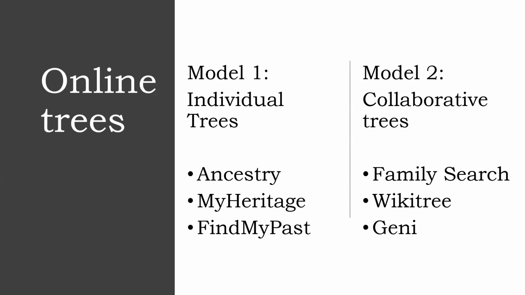Now, with FamilySearch and WikiTree, I should not really use Geni. One time I ventured into it, I didn't like it, and I just have not had a need to use it because, in my opinion, from what little I've seen, it's the least good of the three big collaborative trees.